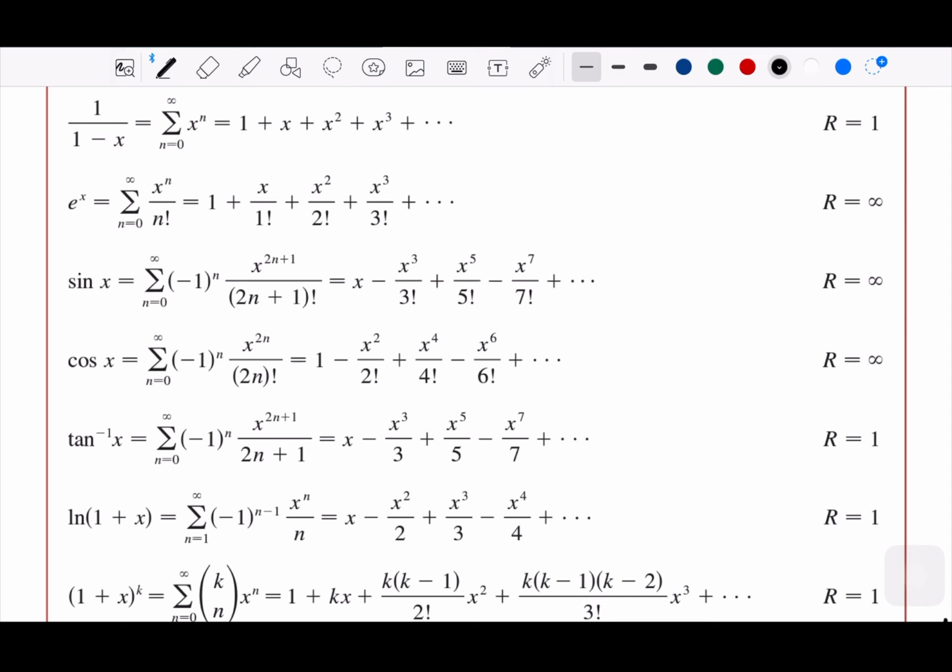It's going to be 1 over 1 plus x squared. We can change x with minus x squared, right? If we change x to minus x squared, then you will see the x squared, 4, 6 terms, and it will be similar to what we have in the tangent inverse later, right?